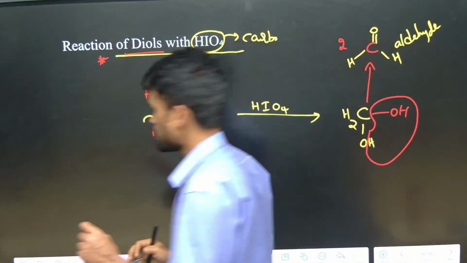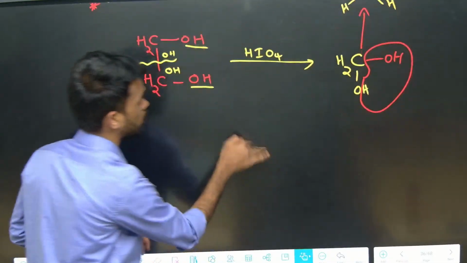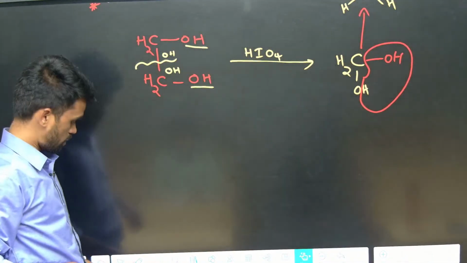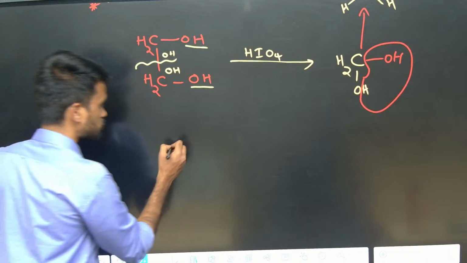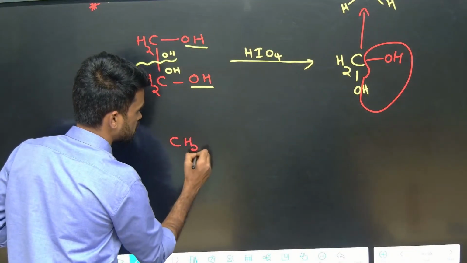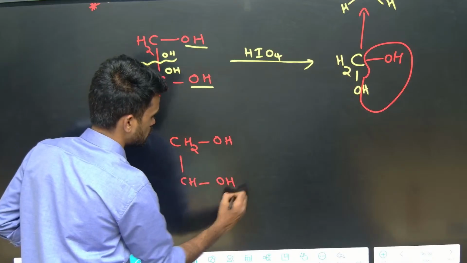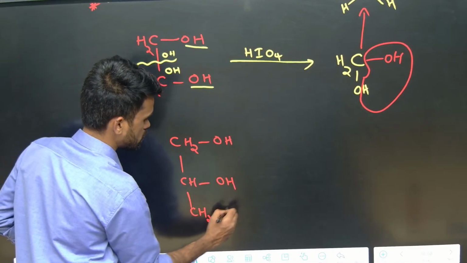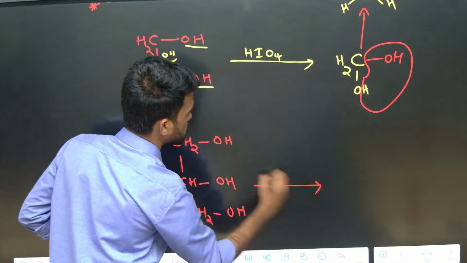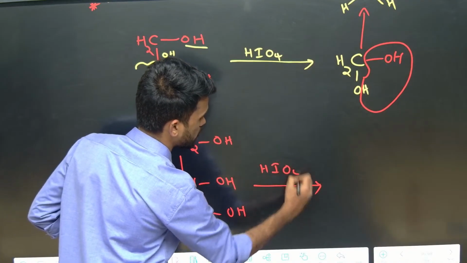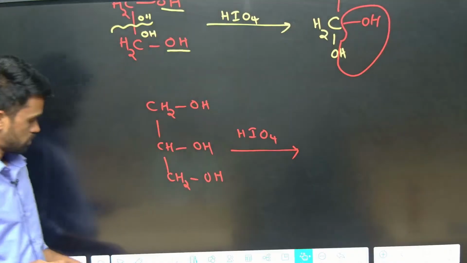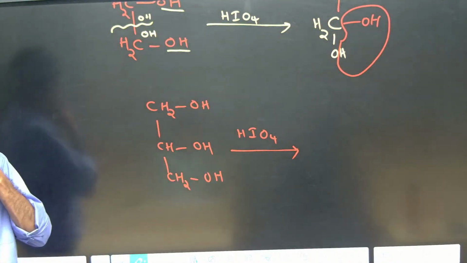Now let us apply the same concept to higher hydroxy compounds. Let me write CH2OH, CH2OH. Now try adding this periodic acid. What happens? Same story as I told you.